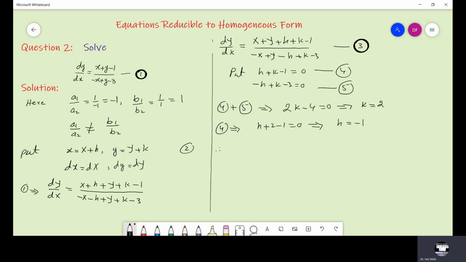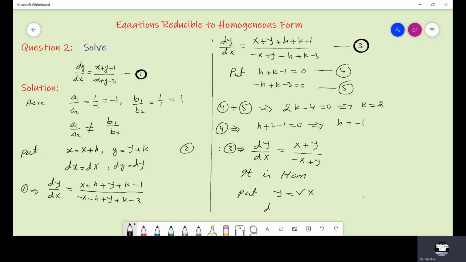Therefore, equation 3 becomes dy over dx is equal to x plus y divided by minus x plus y, which is a homogeneous ordinary differential equation. To solve this homogeneous differential equation, we put y is equal to vx.